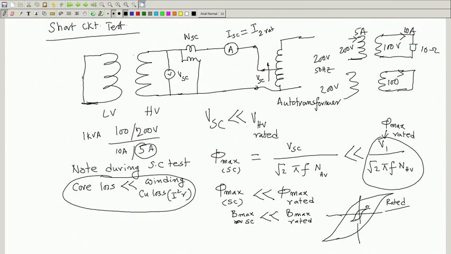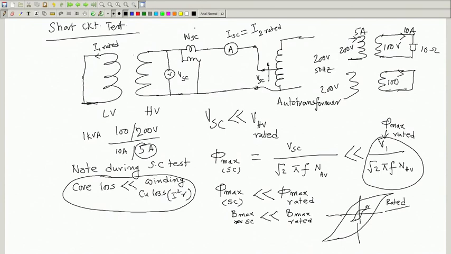And also the current that will flow on the other side is I 1 rated, because current ratios are related by that factor A. Therefore, this is the rated current, but flux is not rated, it is only a small fraction of the rated flux.